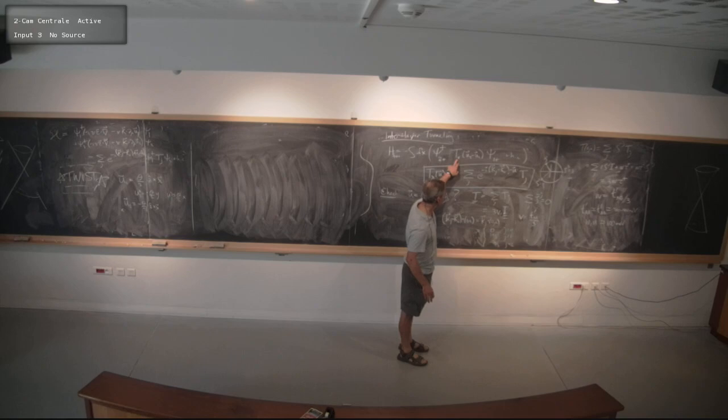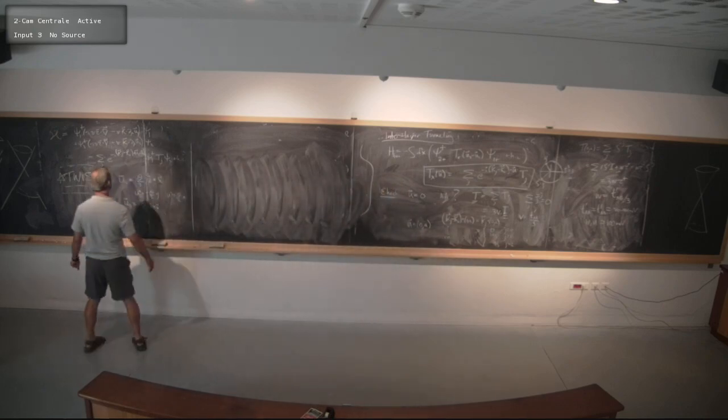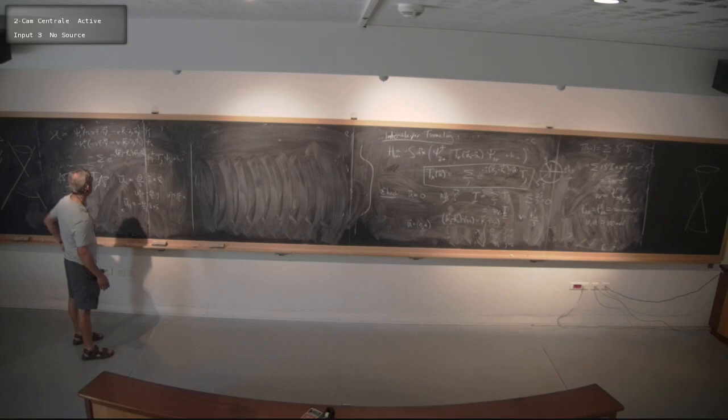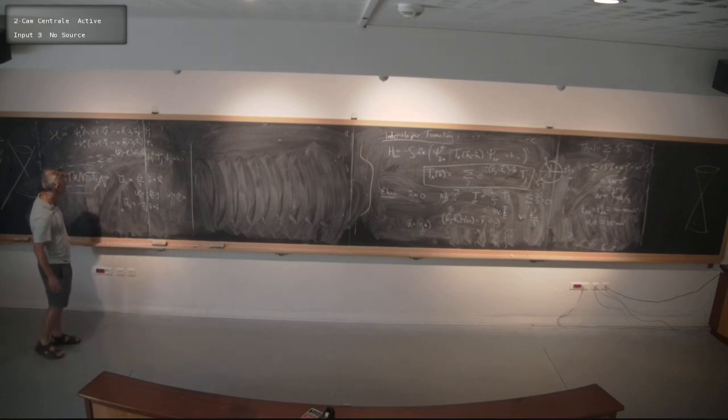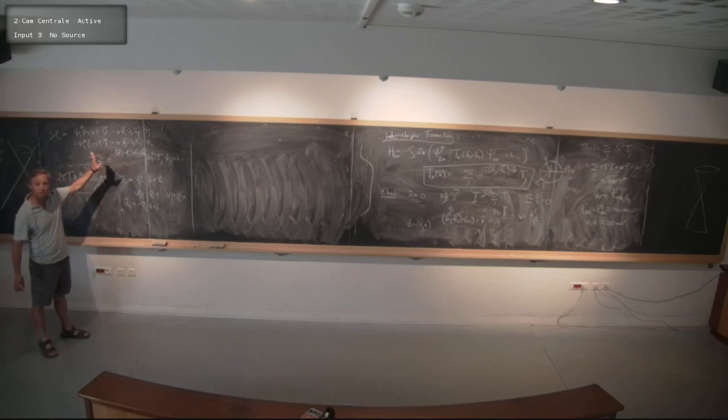I erased that, but remember we said that T in the Lagrangian frame was a sum of exponentials of reciprocal lattice vectors. So that was the periodicity requirement. In fact, this is a periodic function of u.